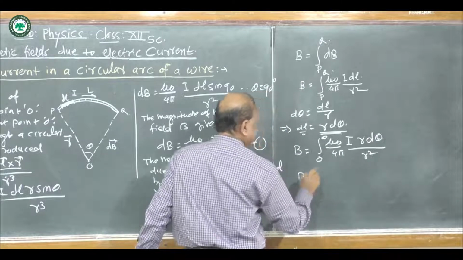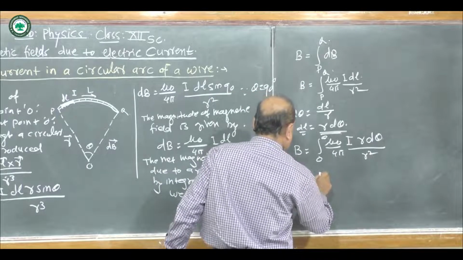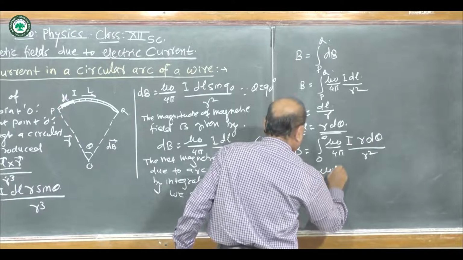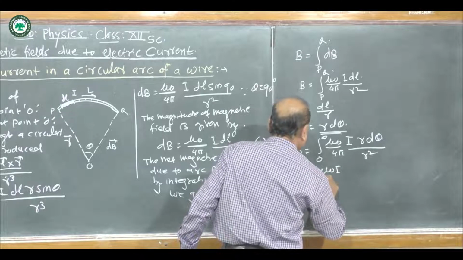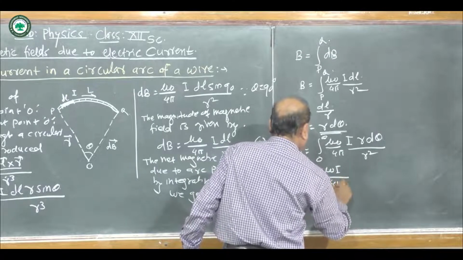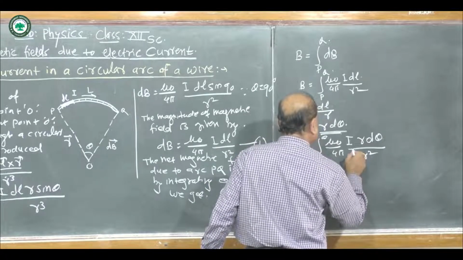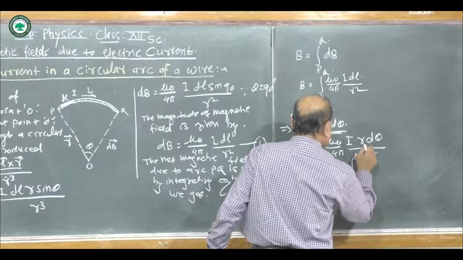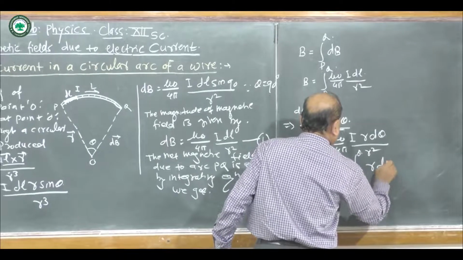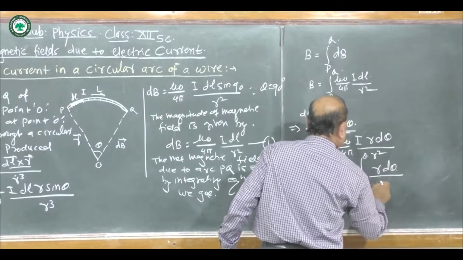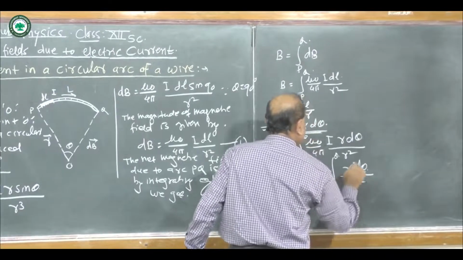So B equals mu 0 I divided by 4 pi, integration from 0 to theta of r d theta by r square.